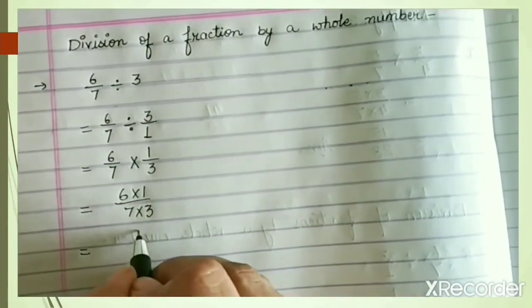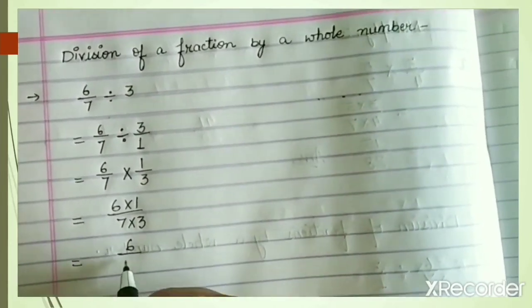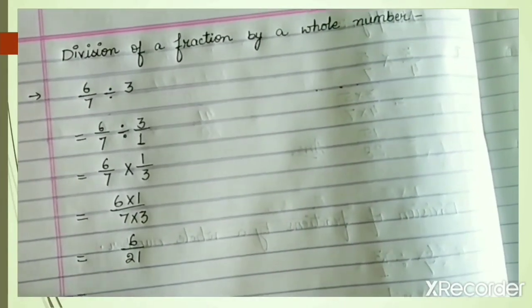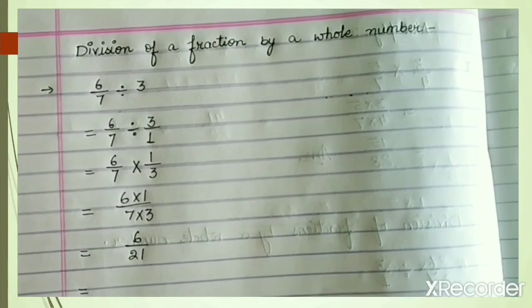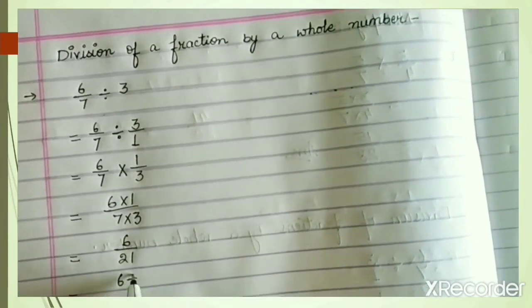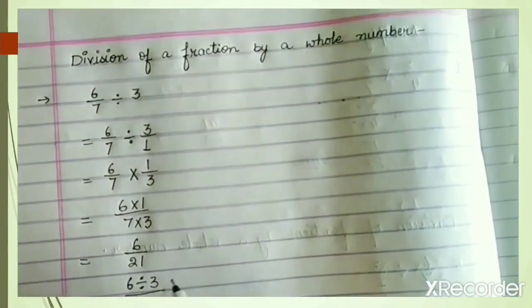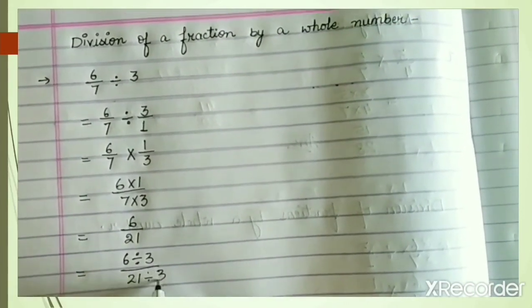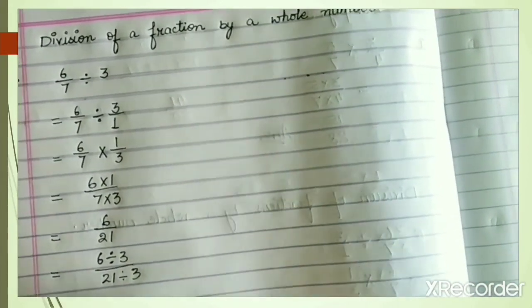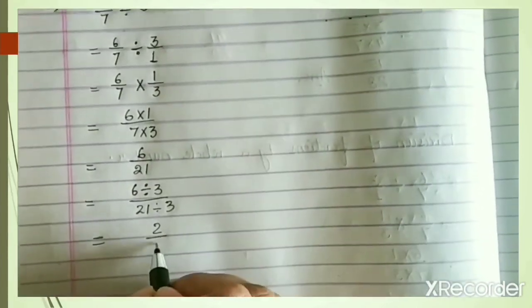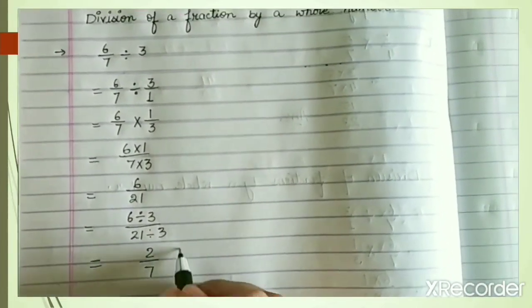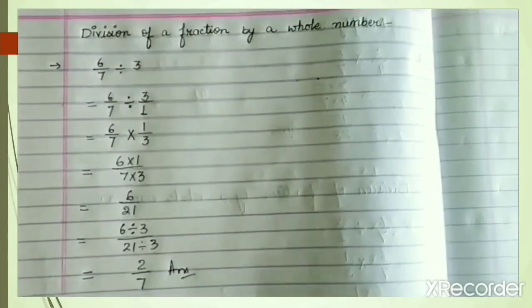Now it becomes 6 upon 7 3s are 21. If it is possible to simplify, then do it. 6 divided by 3 and 21 divided by 3, and it becomes 2 upon 7, and that is your answer.